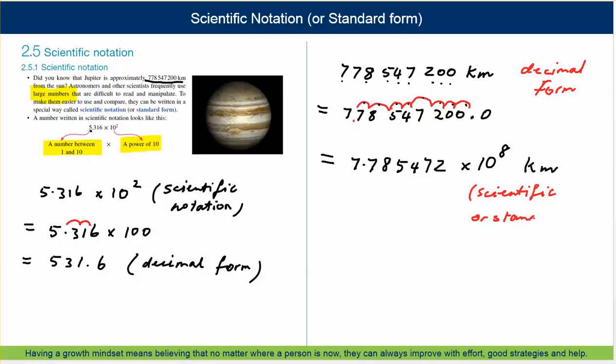And that's pretty much it. Let's do a different example. What about something that's smaller? I think the size of an atom is something like 0.